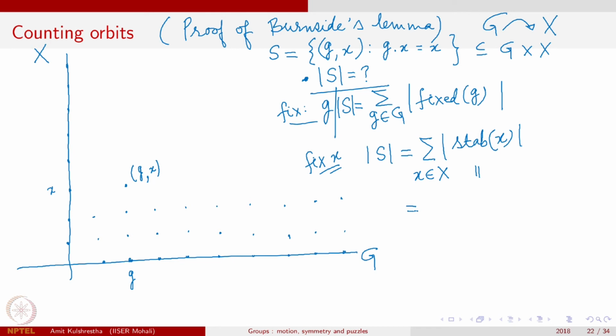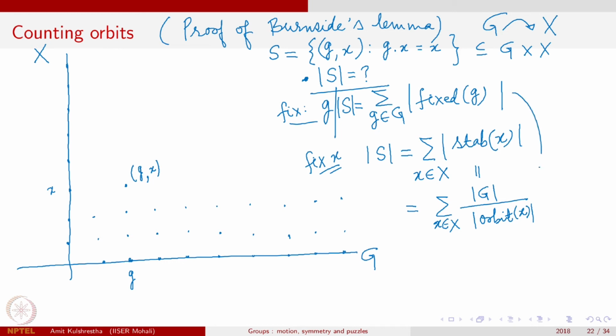The size of a stabilizer, by the Orbit-Stabilizer lemma, is equal to the size of G divided by the size of the orbit of x, since the size of the orbit times the size of the stabilizer is equal to the size of G. So here it is x in X.